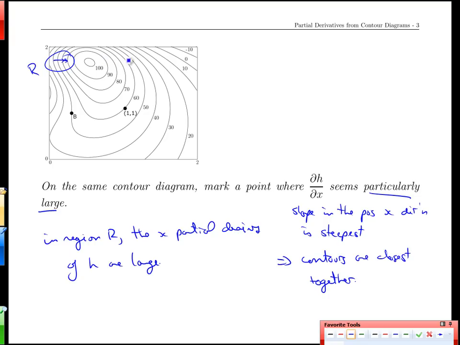But if we're looking for steep slopes, we look for tightly packed contours, and because we're looking for steepness only in one direction, the positive x direction, we'd want the contours to be really, really close when we move left to right, and this kind of region here. It wouldn't be true down in this region here because it'd take me a long time to cross contours if we move left to right. And so that lets us combine, again, our representation of two variable functions as contour diagrams, and then overlay that with our understanding about partial derivatives that we've also developed.